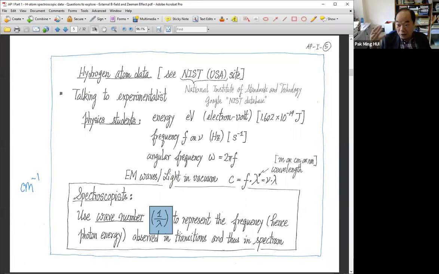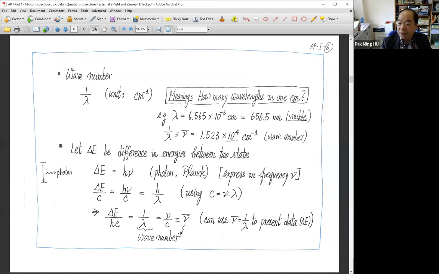Oh, it's not EV, it's not Hertz, it's not per second, that's troublesome, right? So what does it mean? It's easier than you thought, I think. Wave number 1/lambda, look at the unit, centimeter inverse. So it's some number per centimeter. What does it mean? How many wavelengths are there per centimeter? This is what it means.